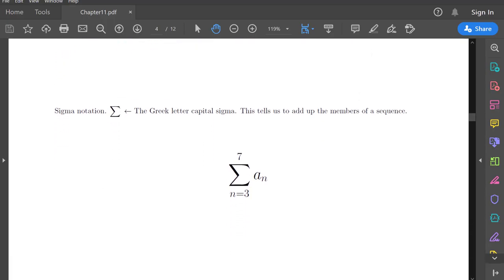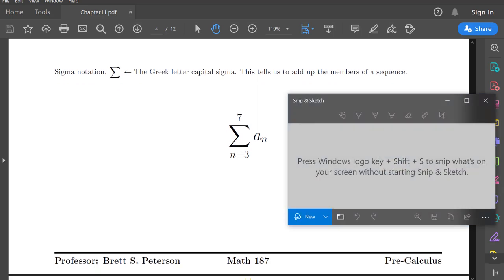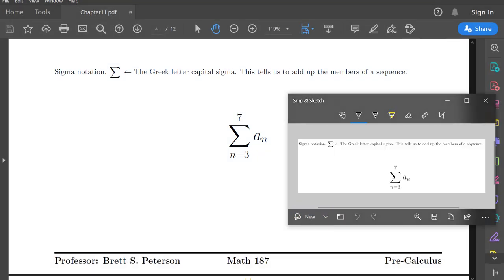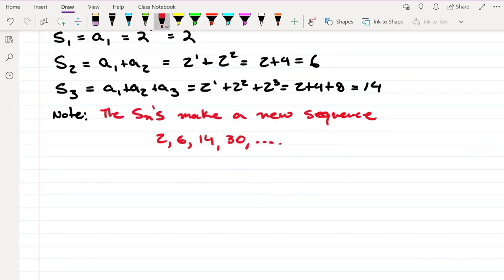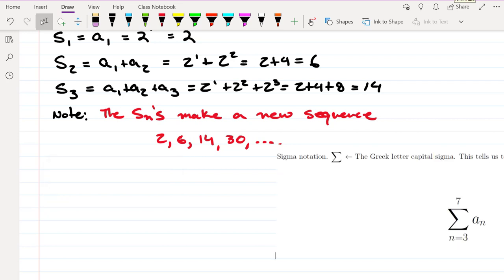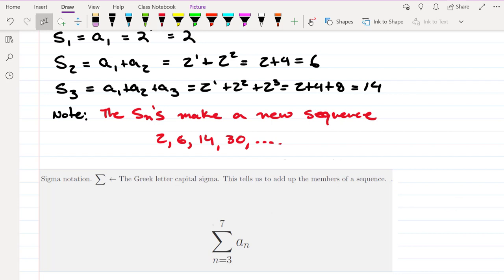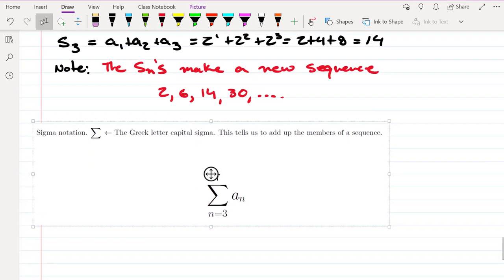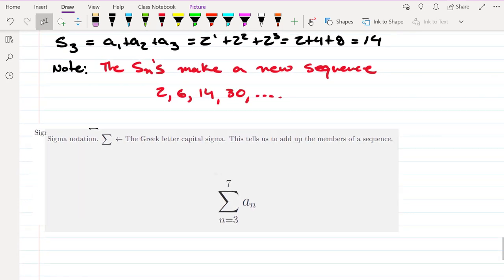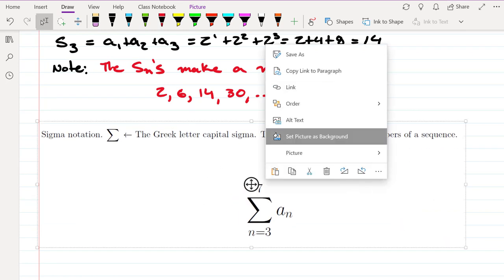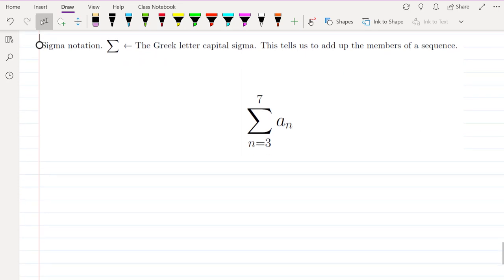So the next thing we want to talk about is sigma notation. Sigma is a letter of the Greek alphabet, and we're actually going to be using capital sigma. And capital sigma looks kind of like a capital E. And the Greek letter capital sigma tells us to add up all of the numbers of a sequence.